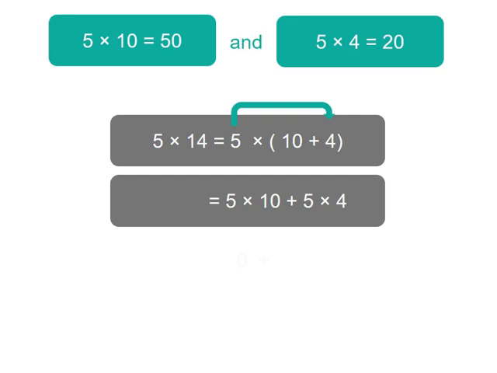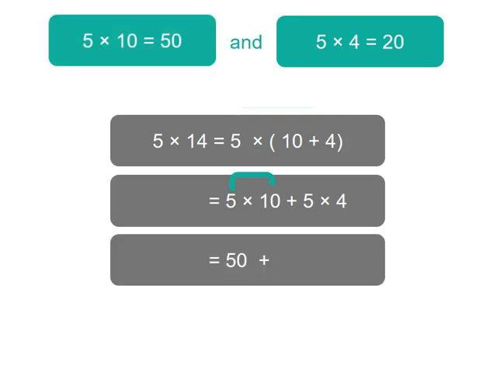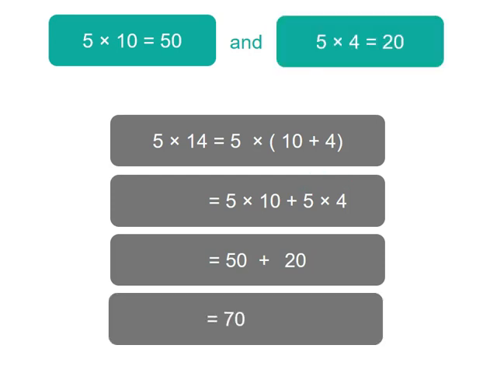So 5 multiplied by 14 is the same as 5 multiplied by 10 plus 5 multiplied by 4. And guess what? We know those. That's 50. And 5 multiplied by 4 is 20. And altogether we get 70. So 5 multiplied by 14 equals 70.